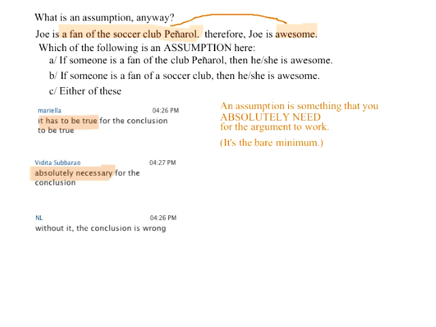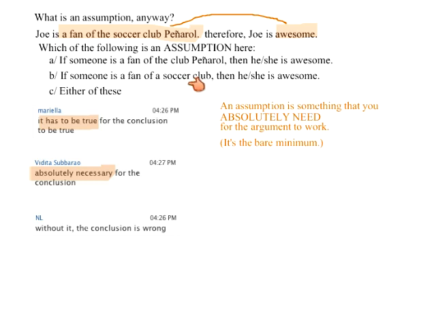So we don't need B. We certainly don't need the idea that anyone who is a fan of any team is awesome. In fact, if you think about anyone who would make this argument, they are almost certainly not assuming B, because they probably think that fans of the rival team are not awesome at all.